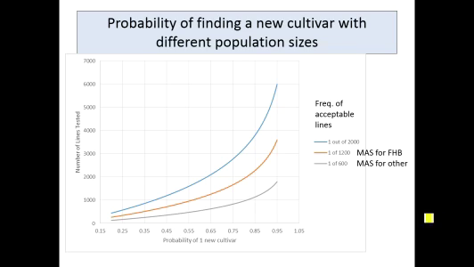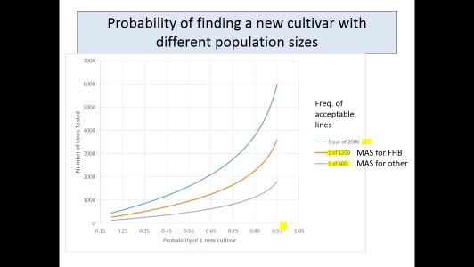So again, 1 out of 2,000 if I do no marker-assisted selection. Marker-assisted selection for just FHB1, probability of a new variety, 1 out of 1,200. And if I do it for all those genes, 1 out of 600 is my probability. So no marker-assisted selection.